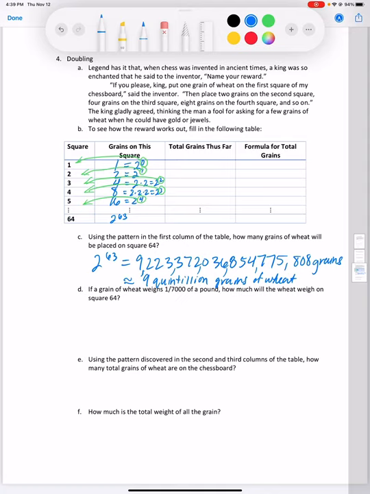Okay, so we take our 2 to the 63rd and then divide it by 7,000. So what we're going to do is that we have 9, let's do 9.2 quintillion grains times 1/7,000 pounds per grain.